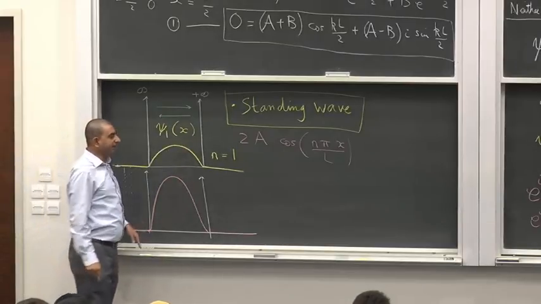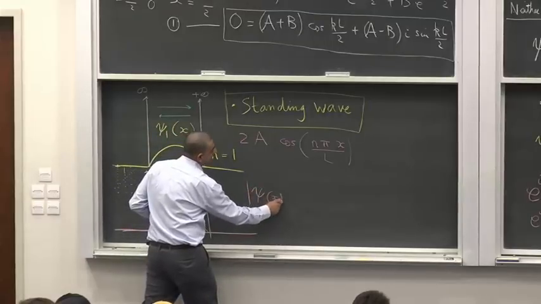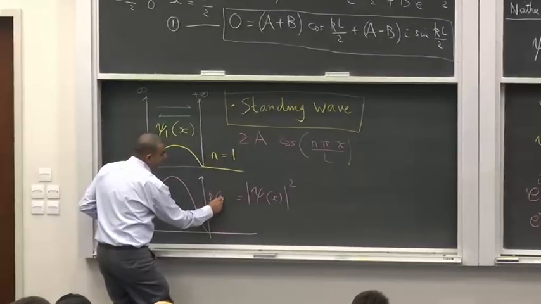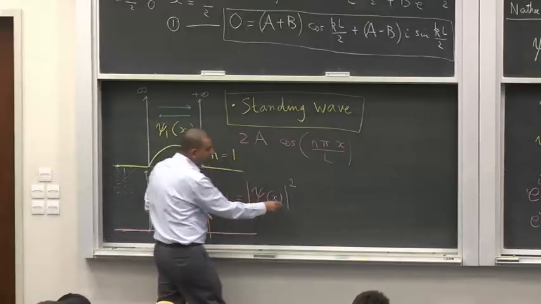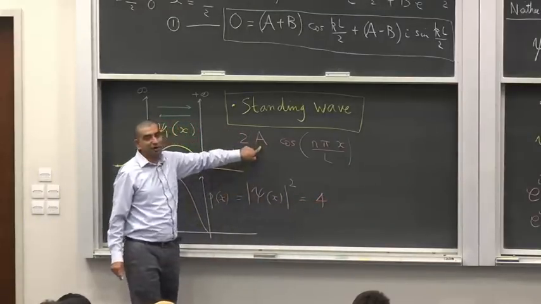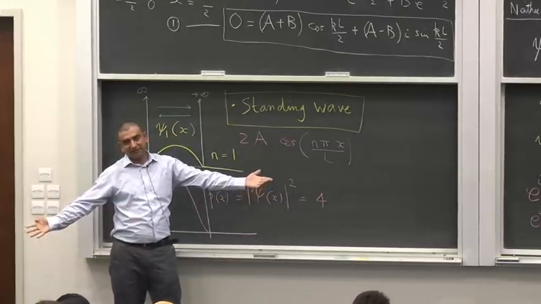And mathematically, the square of this function, modulus psi of x squared, which gives me the probability density, small p, is going to be given by the square of this, 4 times modulus a squared. Now this can be complex. Quantum mechanics is strange, everything can be complex.